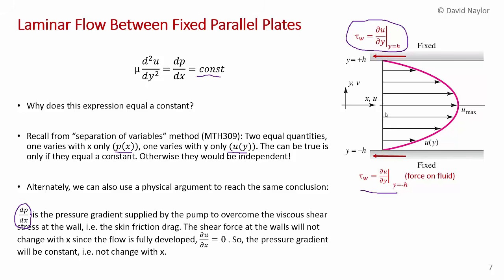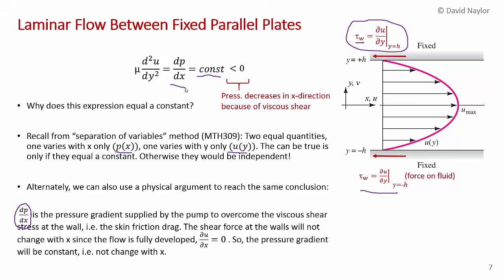Now we know that the u velocity profile is not changing in the x direction, so these shear stresses would not be changing in the x direction either. So we could argue that the pressure gradient required to overcome that fluid friction is also a constant. So that's a physical argument. The pressure gradient doesn't change with x because the velocity gradient doesn't change with x, which means that the shear stress at the wall doesn't change with x.